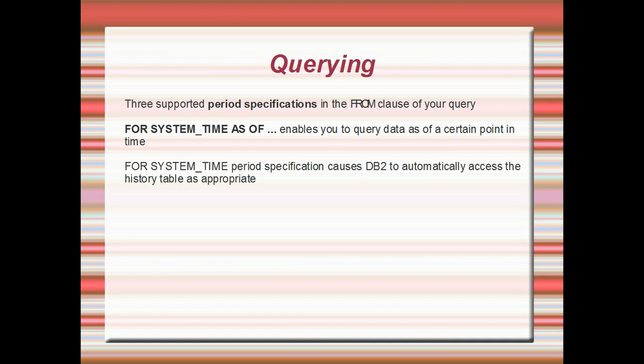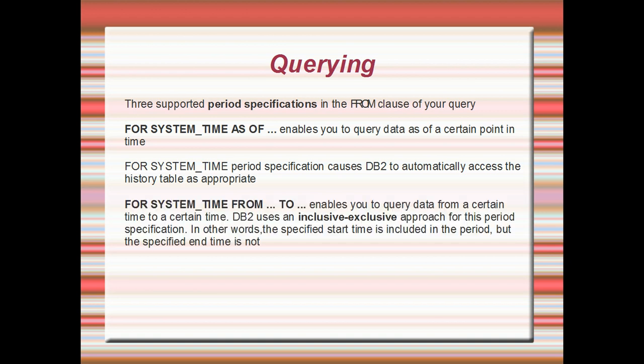IBM has introduced three clauses. First is FOR SYSTEM_TIME AS OF. This is a clause by which we can get the value of some product as of some date or time.